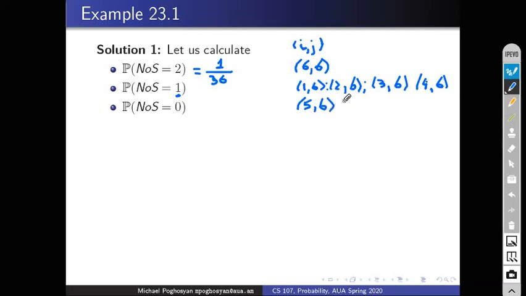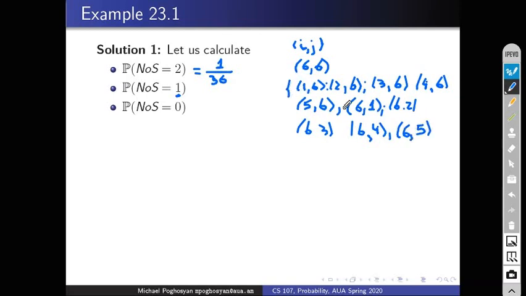And now I'm not writing 6 6, because in that case the number of 6s will be 2, not exactly 1. And of course we need to add the cases when the first die was showing 6. So 6 1, 6 2, 6 3, 6 4, and 6 5.